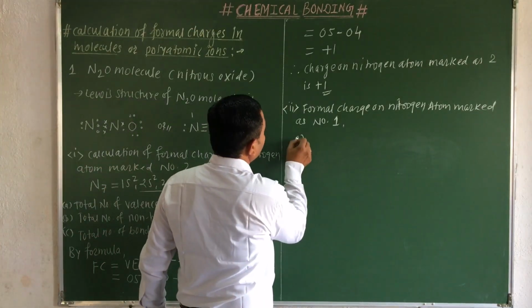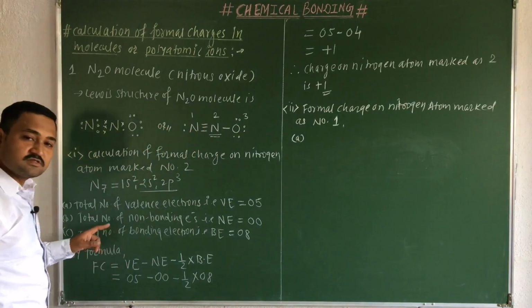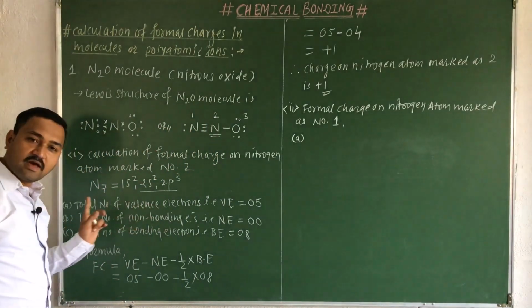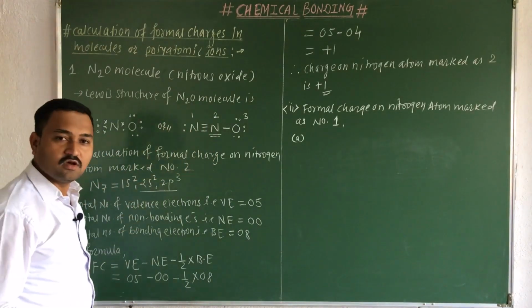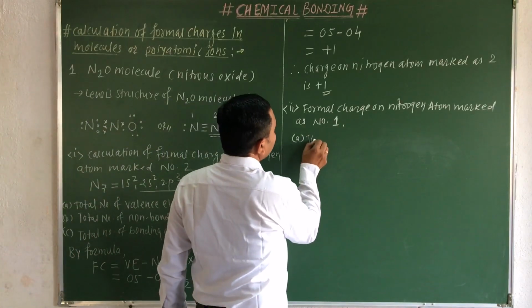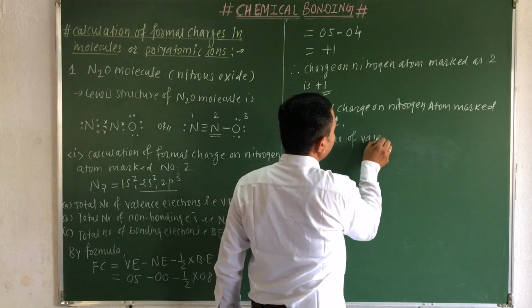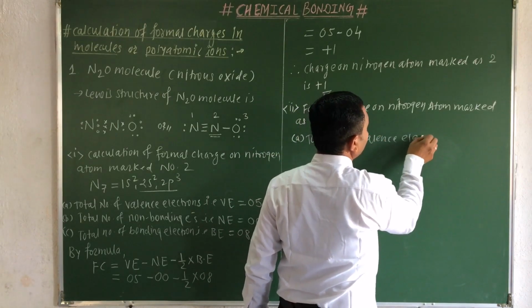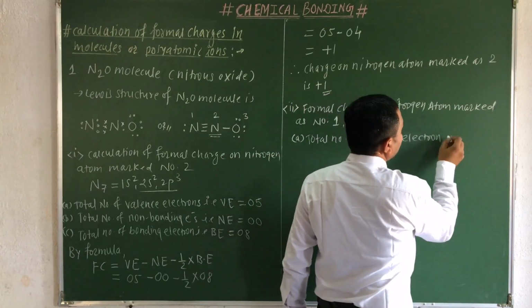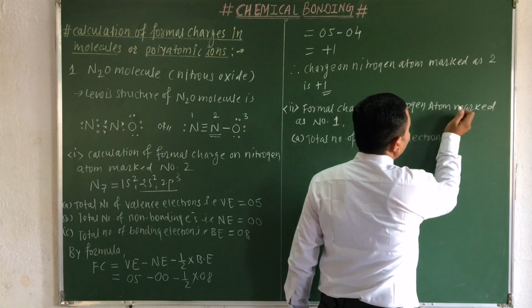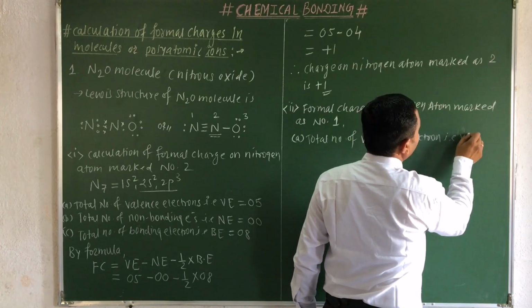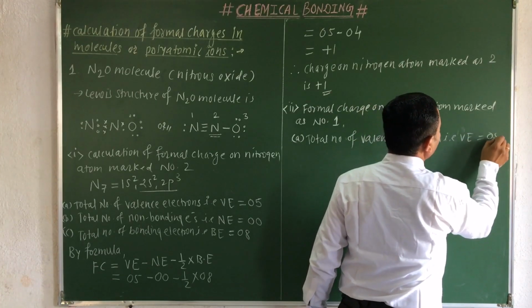Okay, now here again we have to consider the same terms. So we know that it is the nitrogen atom, so we already know the total number of valence electrons for the nitrogen atom. So just write down again total number of valence electrons, that is Ve equals to 5.